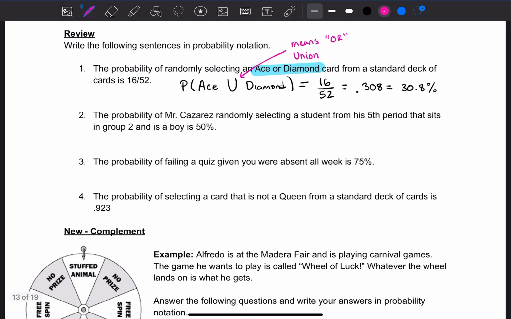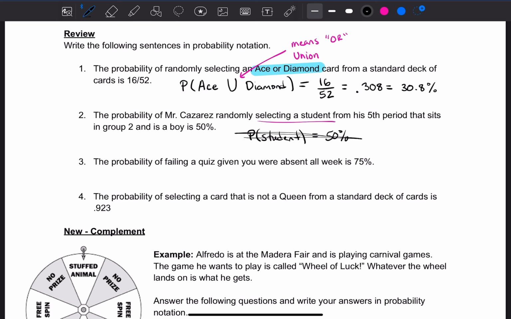The probability of Mr. Casares randomly selecting a student from his 5th period that sits in group 2 and is a boy is 50%. Immediately, if you just skim this, you might say, okay, selecting a student, probability student, and then 50%, right?